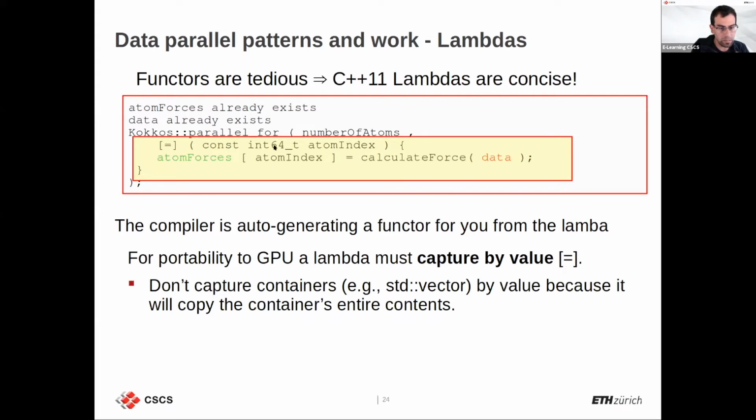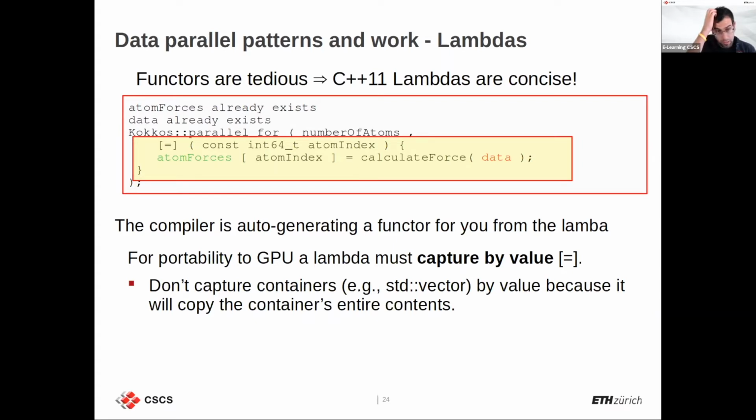One is the index that we have to pass to the lambda. And there is also this equal sign. This is very important. We need to capture the lambda by value. Why? Because otherwise it will not work on GPUs. So if we want to run everywhere, we need to capture by value.